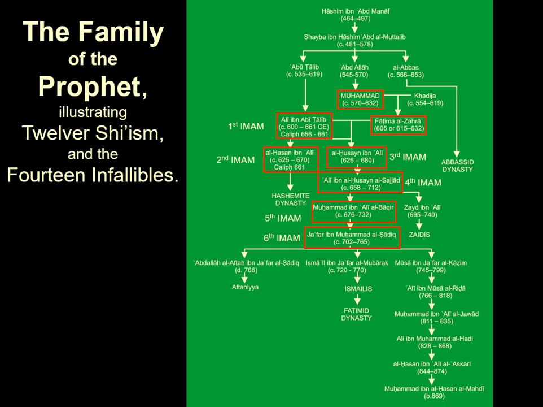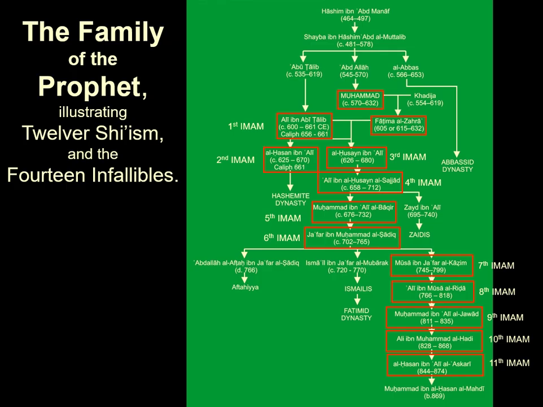But for the Twelvers, the next Imam was Jafar's son Musa. Then came Ali, Muhammad, Ali, and Hassan. Now, all of these gentlemen are said to have died under suspicious circumstances, and so are considered martyrs.